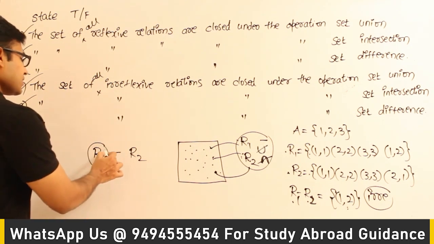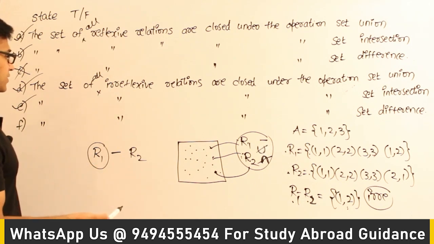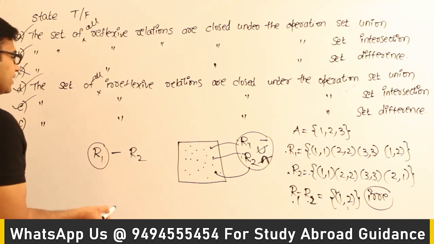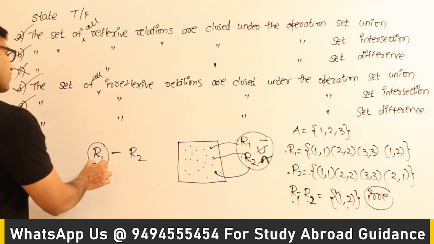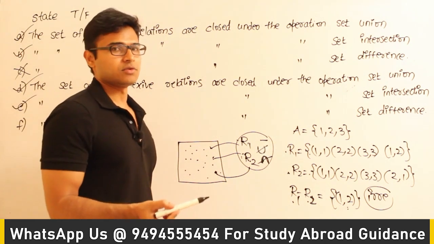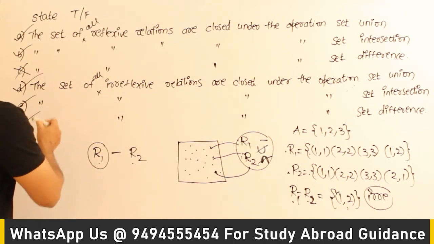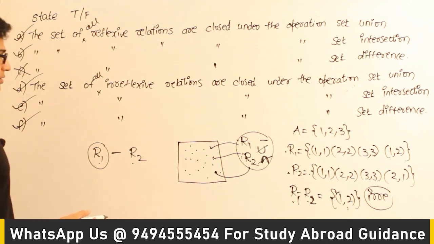By deleting some elements from R1, I am not adding any diagonal elements. Therefore the result will be a relation which again does not contain any diagonal elements. Therefore R1 minus R2 is again an irreflexive relation only. Therefore it is closed under the set difference operation. Got it? Okay.